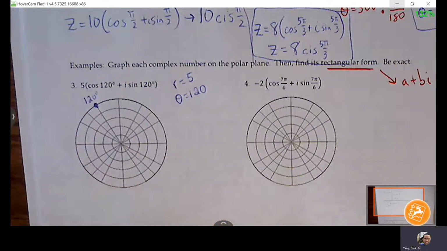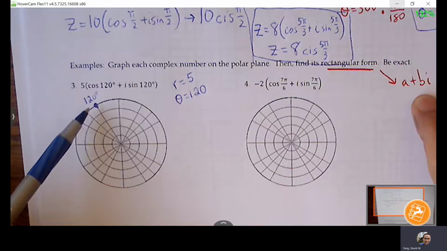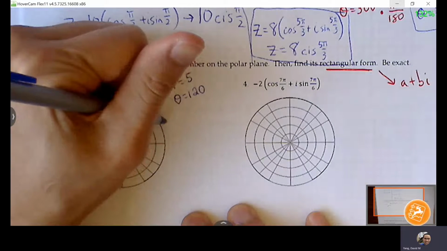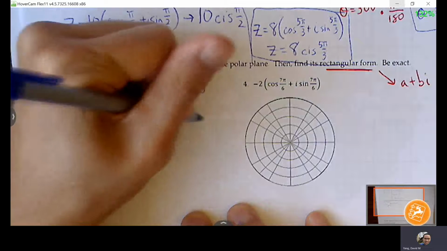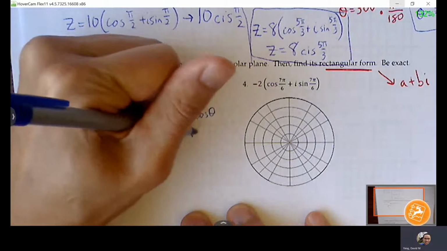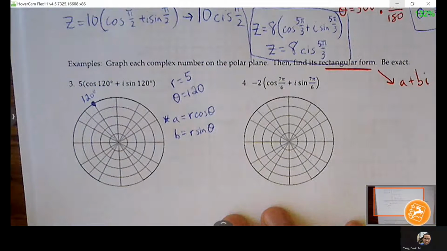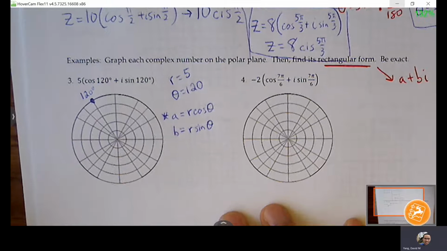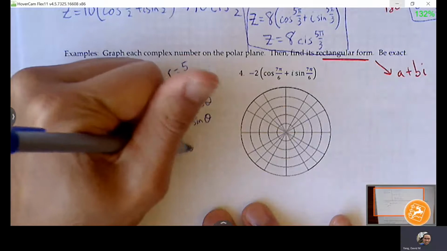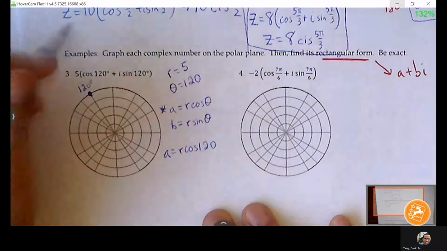Now we're going to find the complex or the rectangular form of that point. Okay. So we're going to rely on our formulas here. A is equal to r cosine theta, and B is equal to r sine theta. Sorry, r is 5.